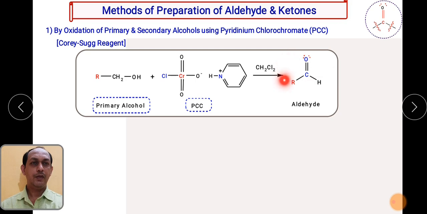This is an oxidation reaction. Two hydrogens are removed from the primary alcohol and it is converted into aldehyde. Remember, primary alcohols give aldehydes while secondary alcohols on oxidation give ketones.